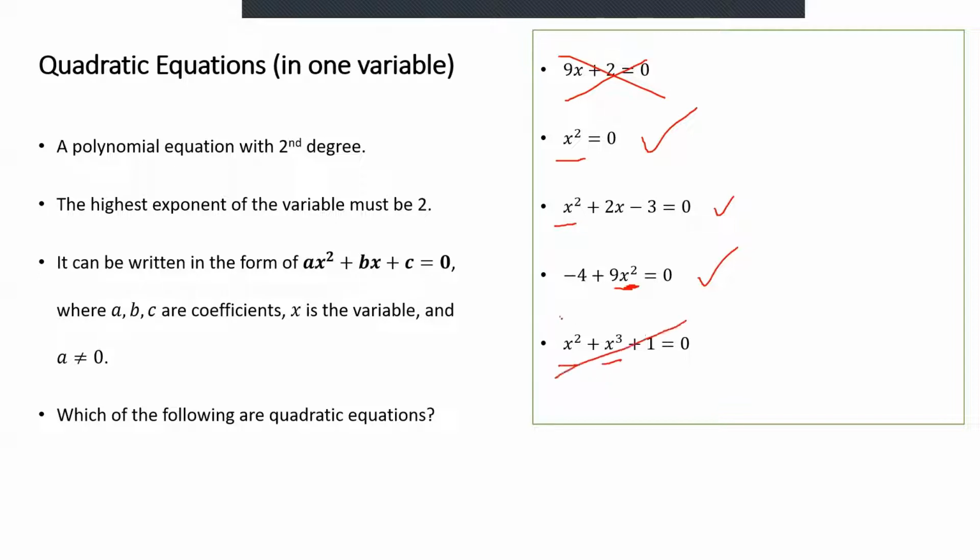So this is not a quadratic equation. In fact, what we call this is cubic equations. Okay? So these three equations are examples of quadratic equations. There are more complicated ones, but we won't talk about them for now.